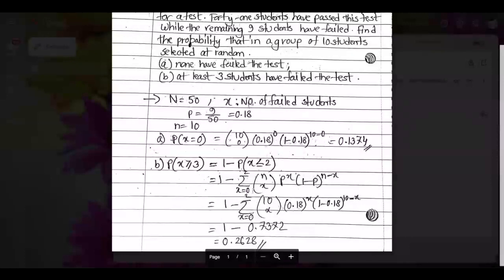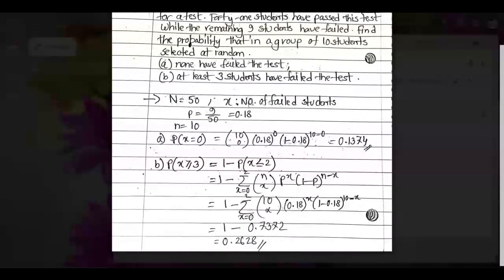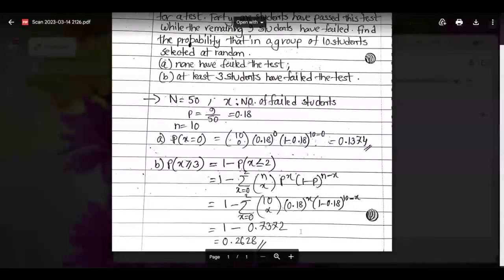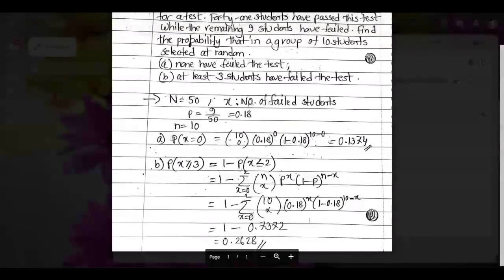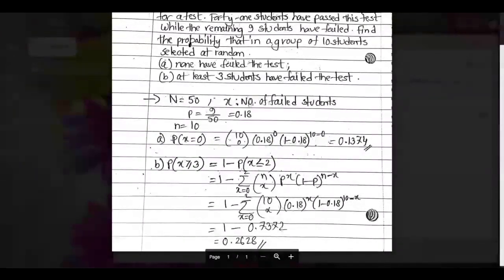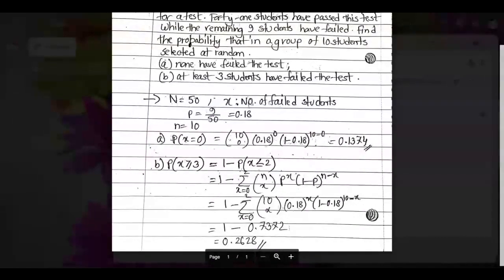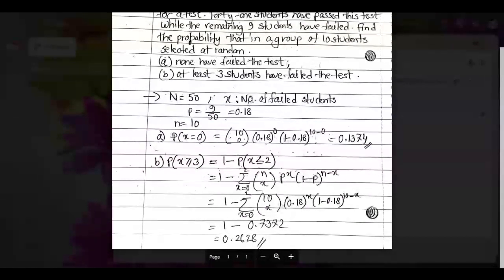For x equals 0, we already know it is 0.1374, so we don't have to solve that again. We have to find x equals 1 and then 2 and add them. The answer is 0.7372. We just subtract that from 1. The answer is 0.2628.